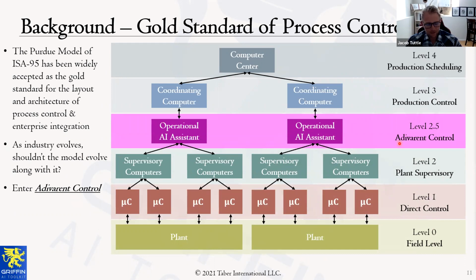The reason we've done this is there's a need for this intermediary level between supervisory systems and overall production control at facilities. We regard the out-of-variant control level as an artificial intelligence operational assistant, acting as a bridge between those two levels in the Purdue model.